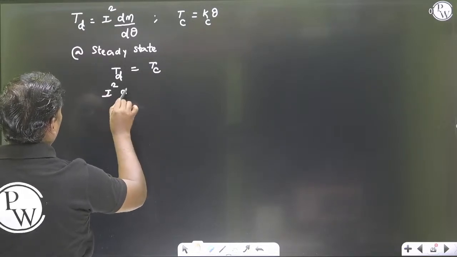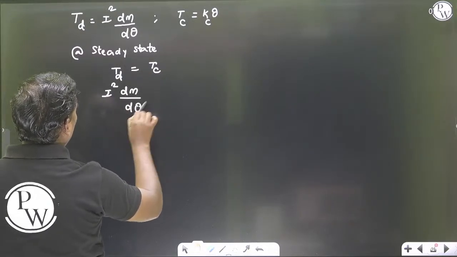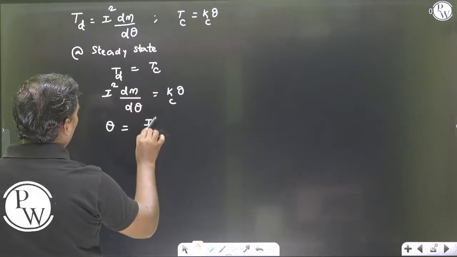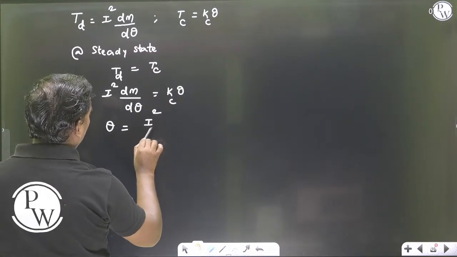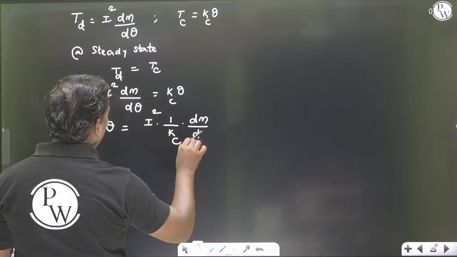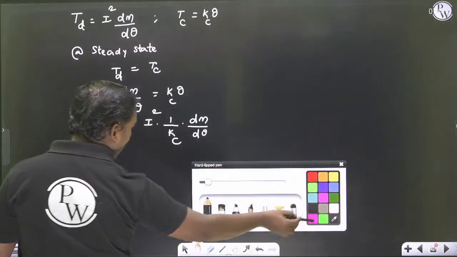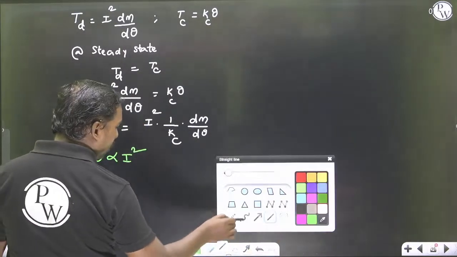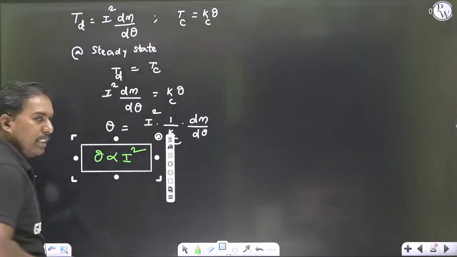So I square dM by d theta is equal to Kc theta. So theta is equal to I square by Kc into dM by d theta. So theta is proportional to I square. So it is suitable for both AC as well as DC current measurements.